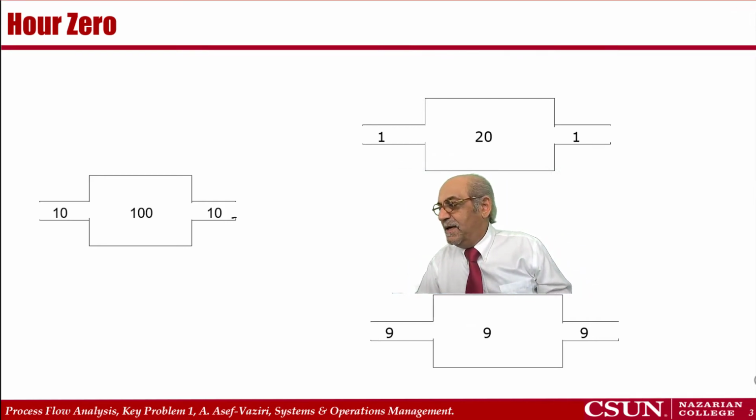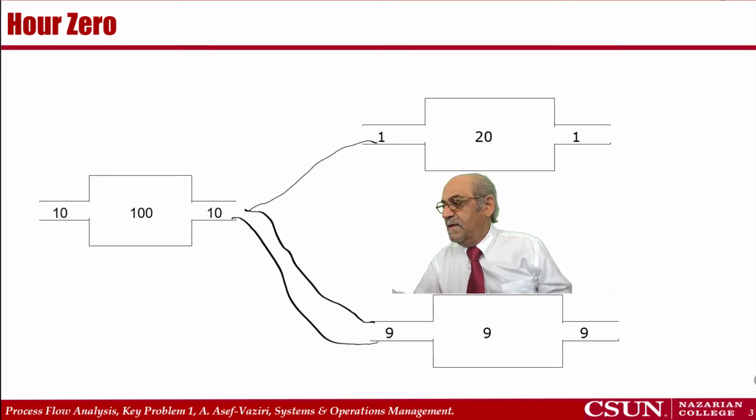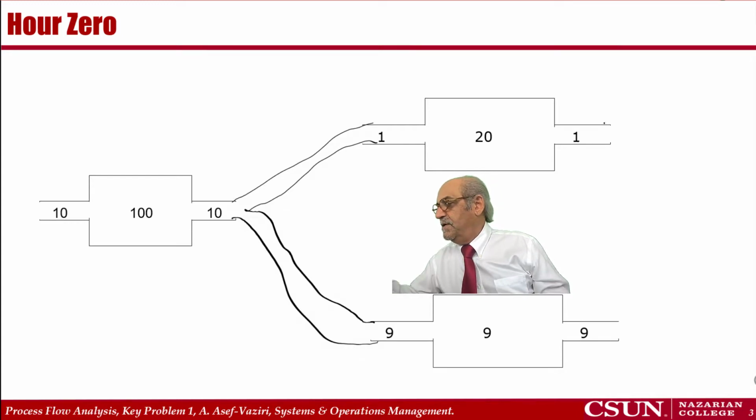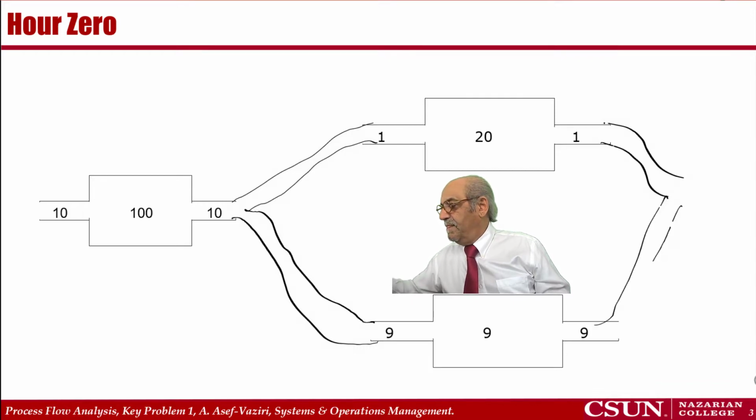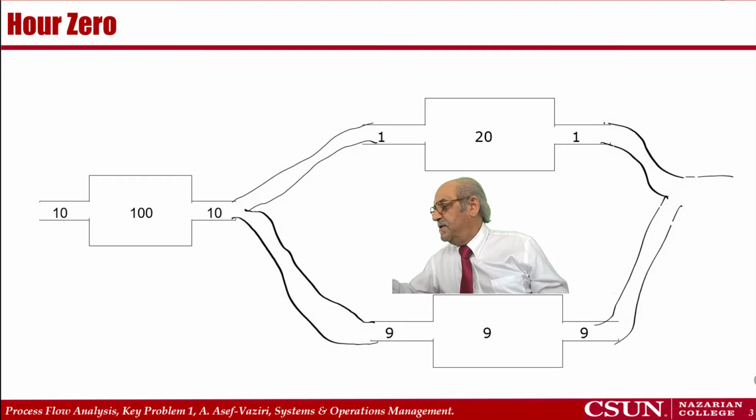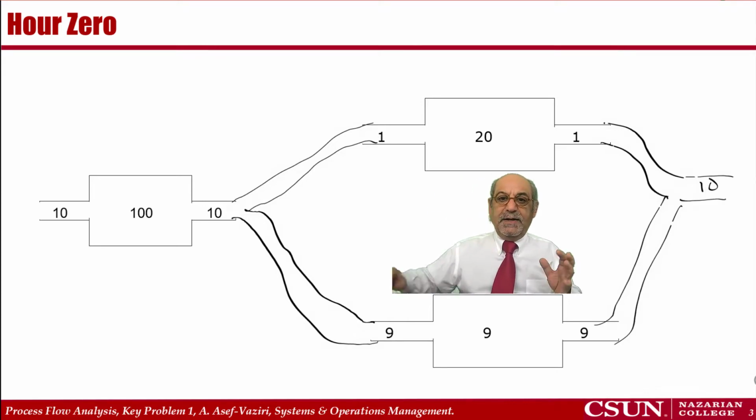Suppose out of this 10, 9 goes here, and out of this 10, 1 goes over there. And here, this is 1, and this is 9, so 10 goes out.